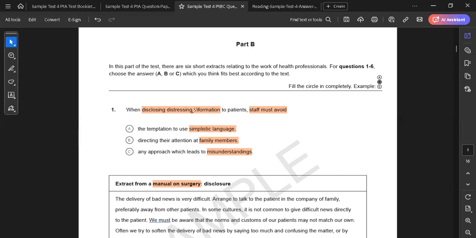For example, you found "disclose distress information," but you did not focus on what staff must avoid. And secondly, when you are selecting the answer, you are selecting it based on the words that are written in the option and in the text. Okay, can I proceed?